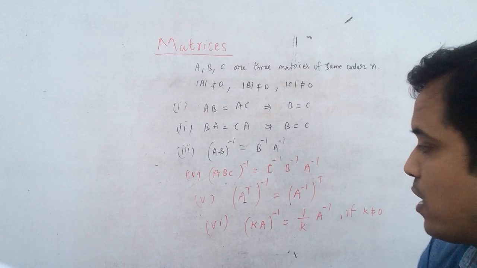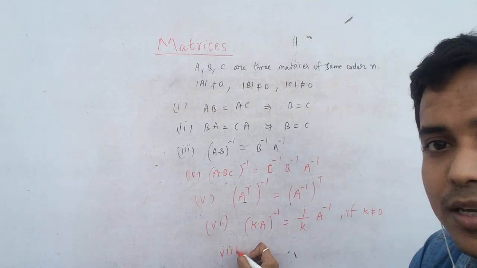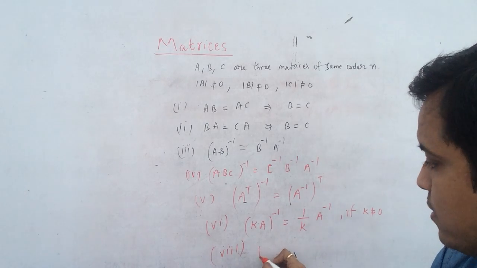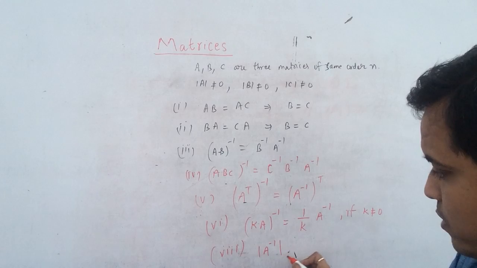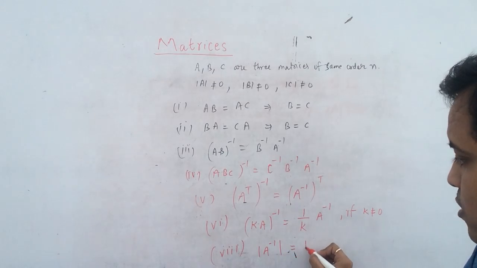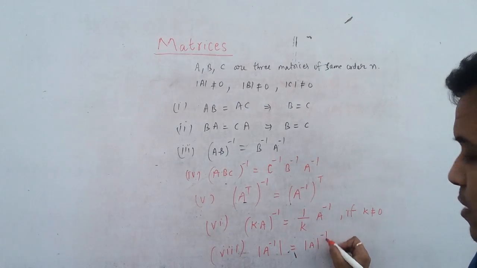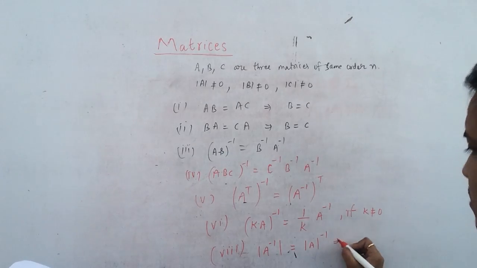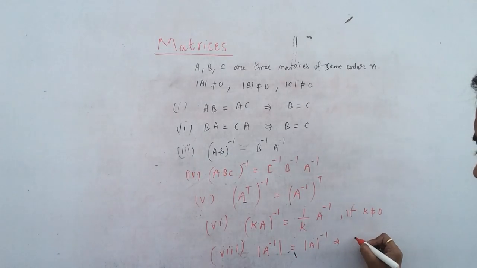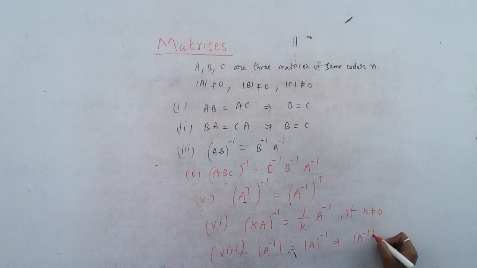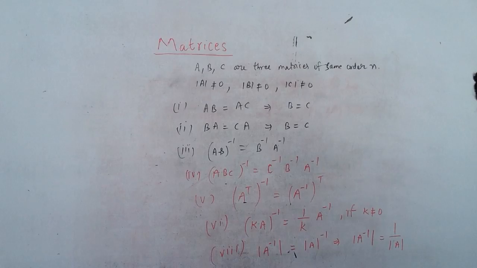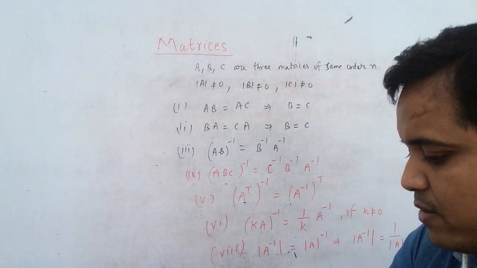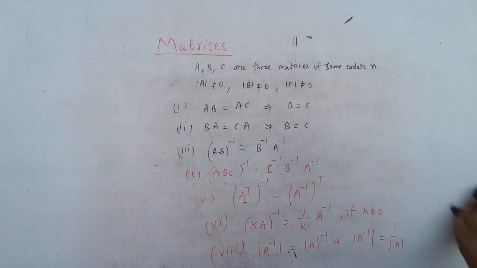And the last, the eighth one, is determinant of A inverse is equal to determinant of A to the power minus 1. This is the property. Okay, let's move to the question.